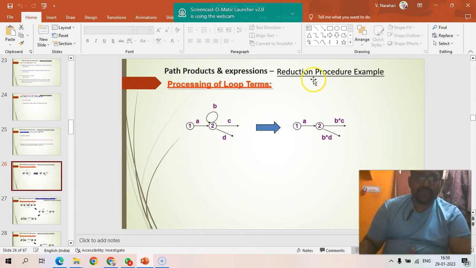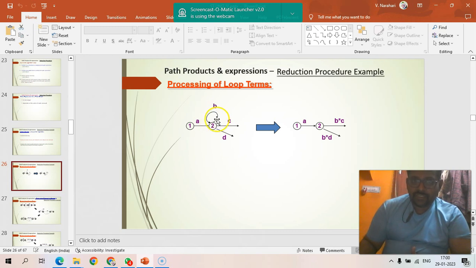For suppose, see here, there are two nodes and this is the loop. It's a self loop. Before removing this node, we need to remove this self loop.